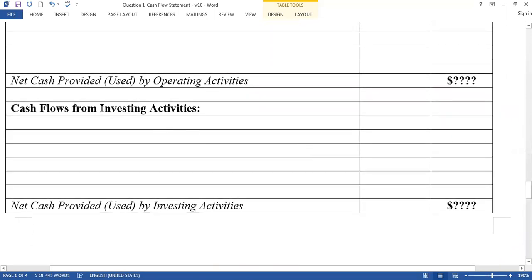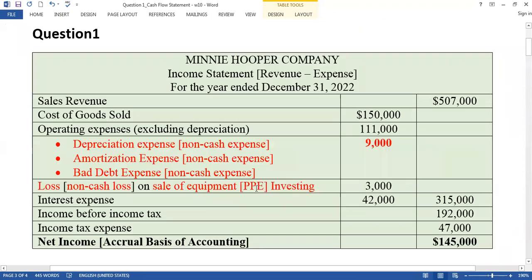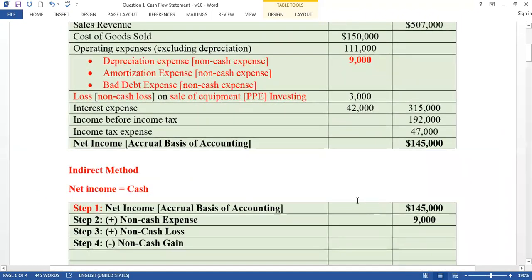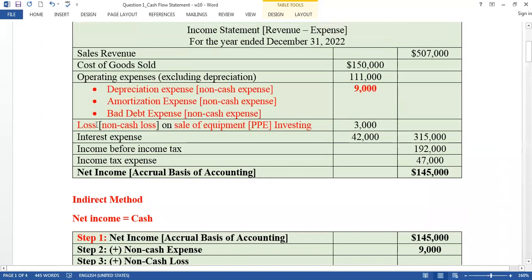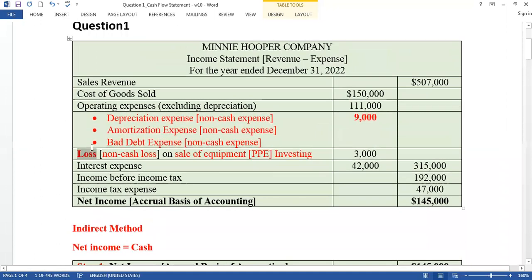We should record it here. But when you sell something, you may have a gain, you may have a loss, right? If you sell any asset, you may have a gain or a loss. So you have a loss here. And where do you report the loss? You report the loss under the income statement.